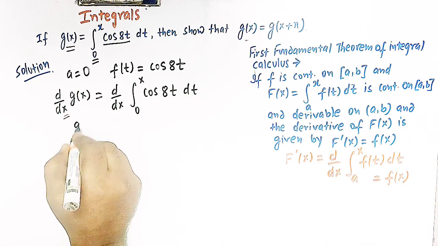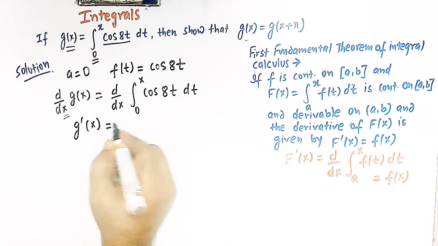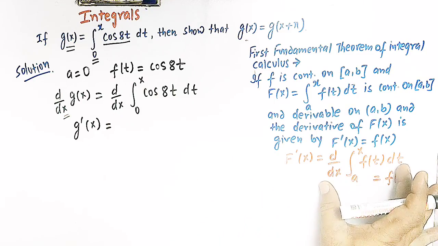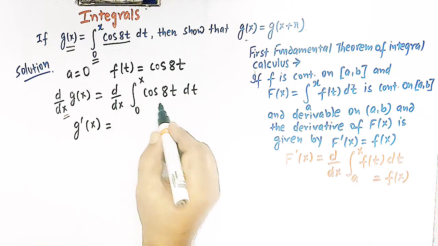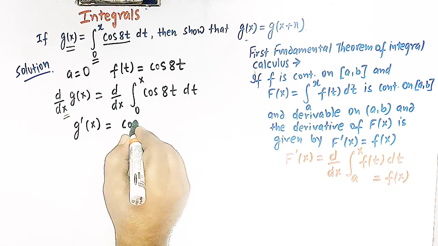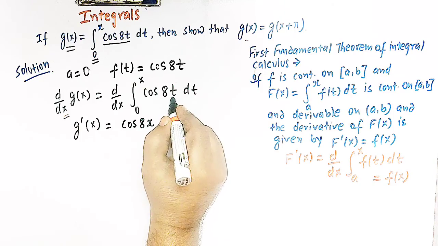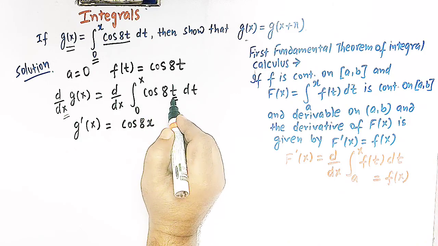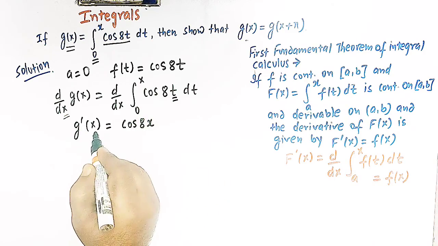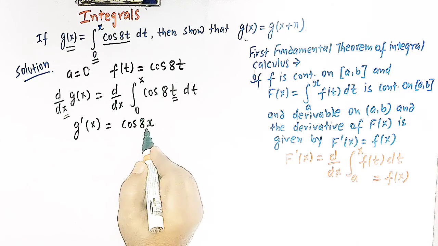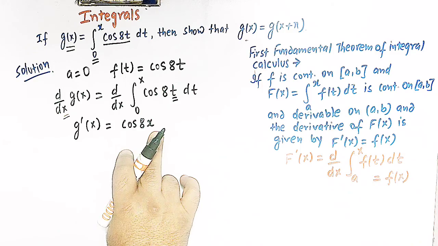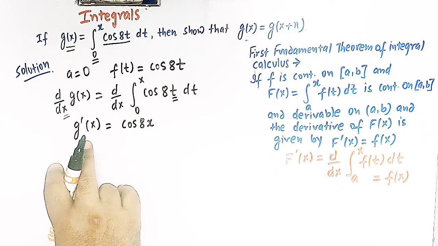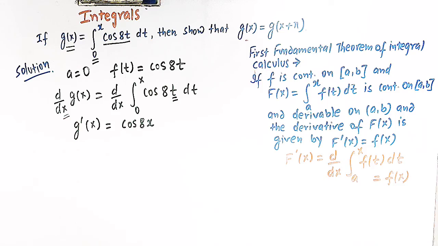So here we have g prime of x, and according to this statement the derivative of this integral with respect to x is simply given by cosine 8x, that is this t is replaced by x, right? So we have g prime of x is equal to cosine 8x. So we now have a differential equation, that is a differential equation of first order and first degree. So let us now solve this differential equation.